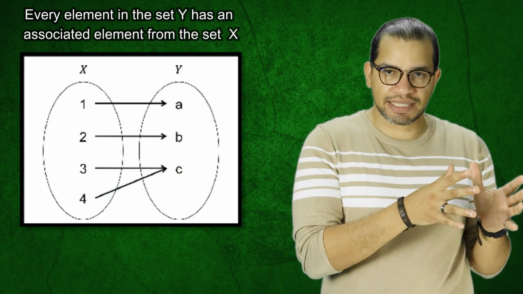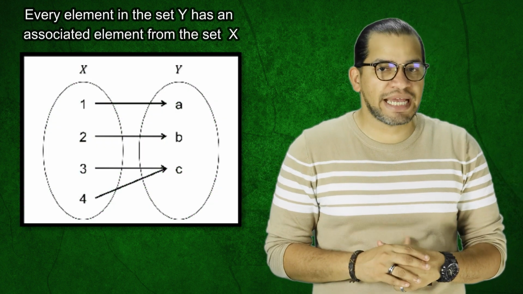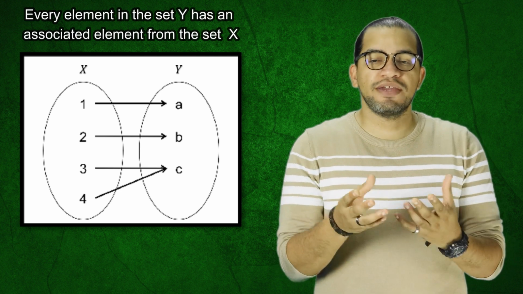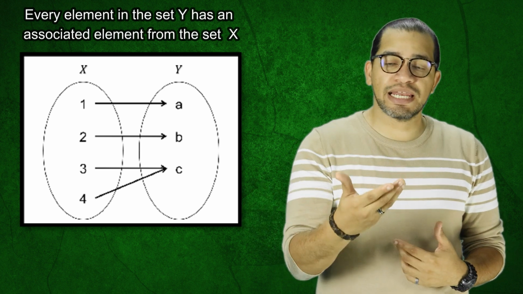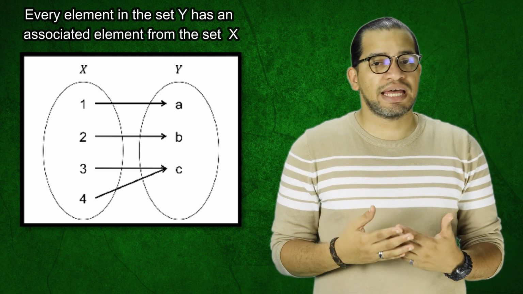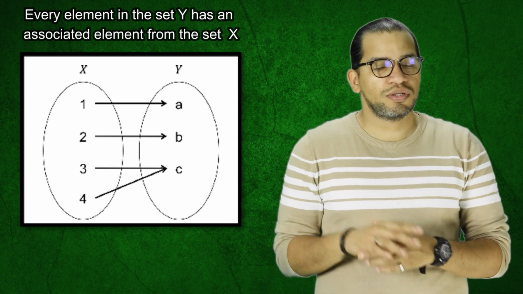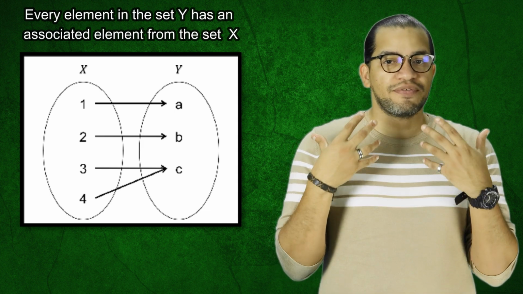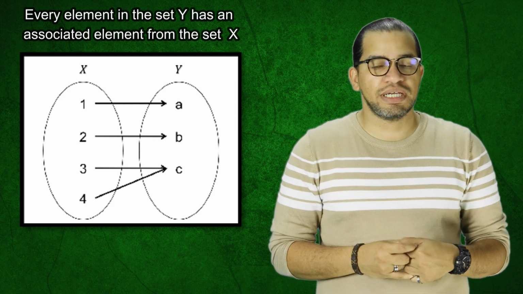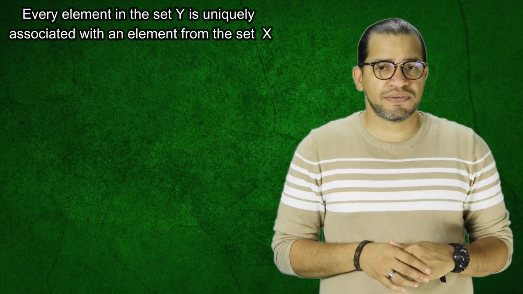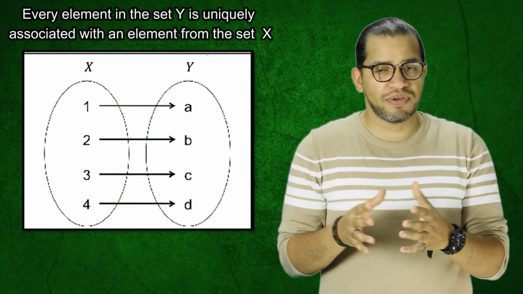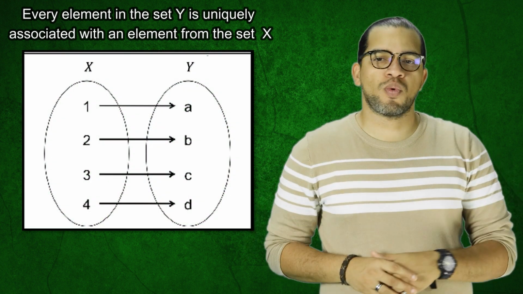A function f defined on the sets x, y is said to be surjective or onto if and only if for each element y in y there's an element x in x such that f of x is equal to y. In other words, if the codomain of this function is equal to the range, then f is onto. Finally, a function is said to be bijective if and only if f is onto and one-to-one.